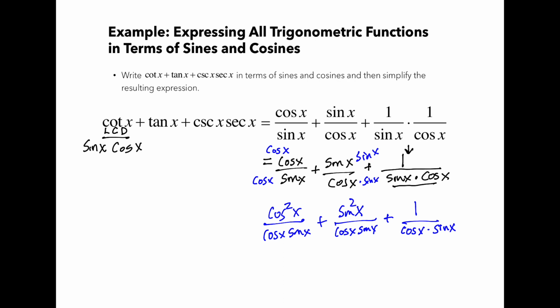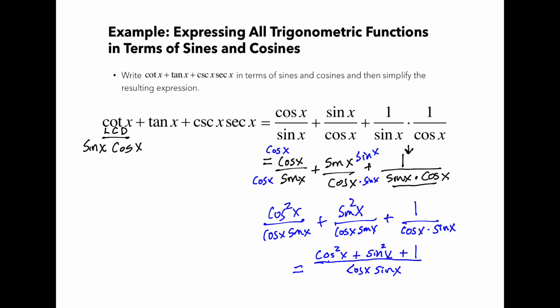All right, now this can be written as one statement. Cosine squared x plus sine squared x plus 1 all over the same denominator, cosine x sine x. And you could have it as, again, sine x cosine x. It's multiplication, 2 times 3 is the same as 3 times 2. It doesn't matter what order they're in.